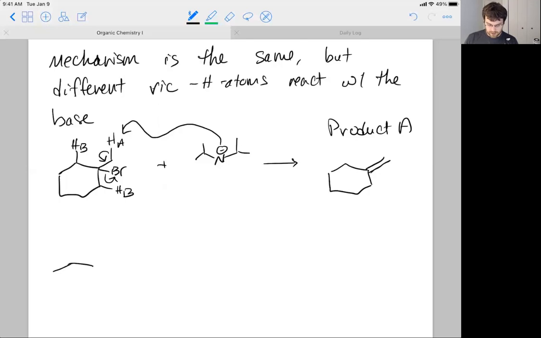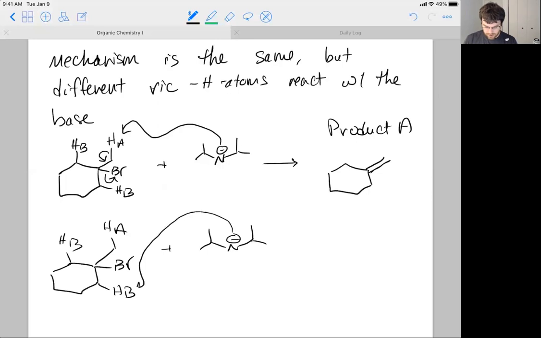Now product B, if I redraw my starting material along with the apparent vicinal hydrogens, this is going to react with HB in this case, a different vicinal hydrogen, to make a different carbon-carbon double bond to push off the same halogen leaving group.